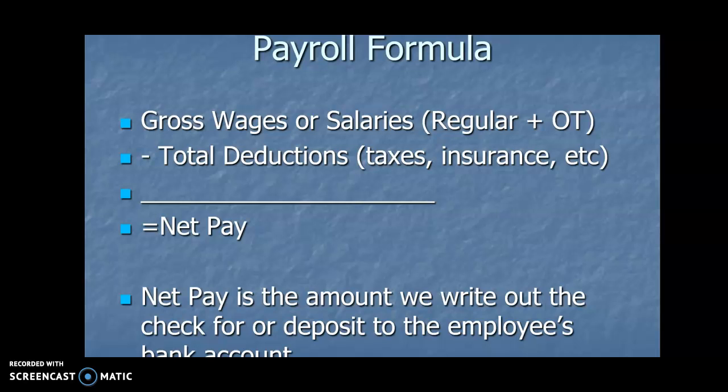All of those things added together are their total deductions. We subtract those deductions from the gross wages to get the net pay. The net pay is the amount that we're actually going to write the check for, and we'll hand that amount to the employee on a paper check, or we'll directly deposit it to a bank account.